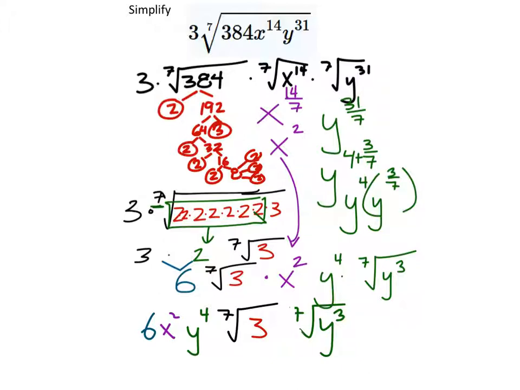So in other words, I'm going to take this 7th root of y cubed and make it one radical there. So I've got 6x squared y to the 4th, and just to separate those, multiplied by the 7th root of 3y cubed. Done.